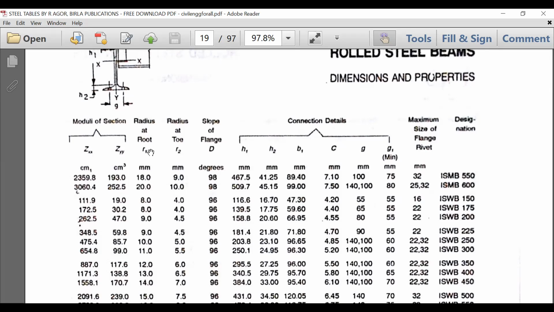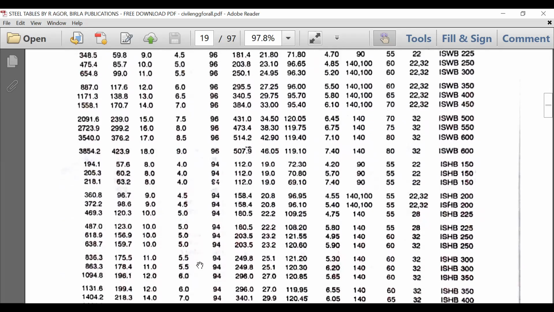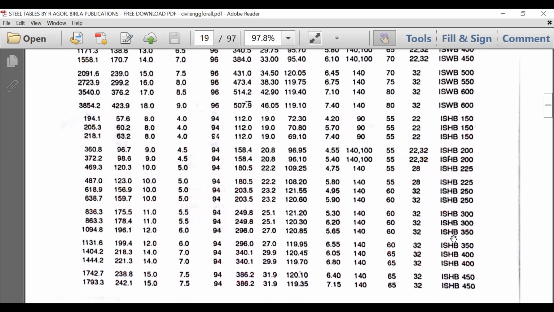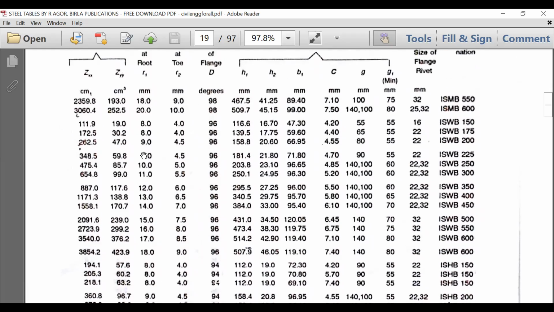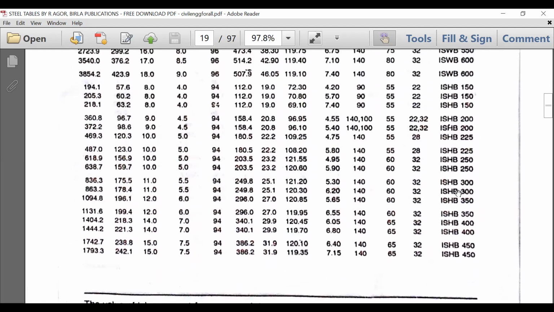So radius at root is for which type of section? It is for ISHB 350. So here you can see for ISHB 350, the radius at root has to be found out. So what is the radius at root of ISHB 350? This is the radius at root, which is 12. You can see the third column is radius at root, which is in mm. So for ISHB 350, you have the radius at root as 12 mm.